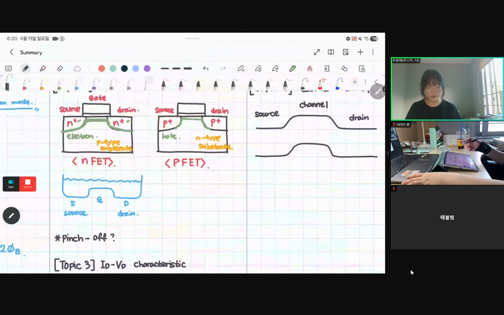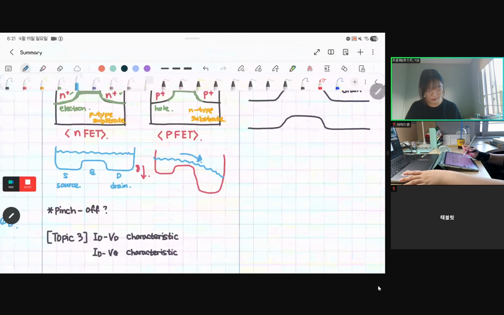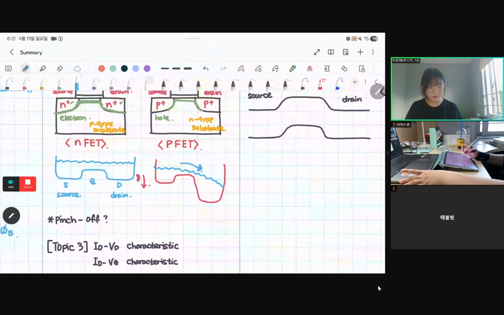If we give a bias to drain and source, the drain level goes down like this, and the flow occurs like this. That is how current occurs in a MOSFET device.